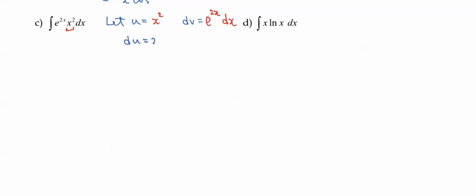Now du equals 2x dx. And as we integrate the dv, we will integrate that, giving us 1/2 e to the 2x.